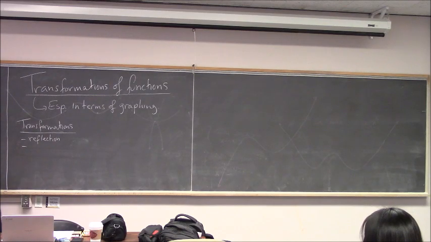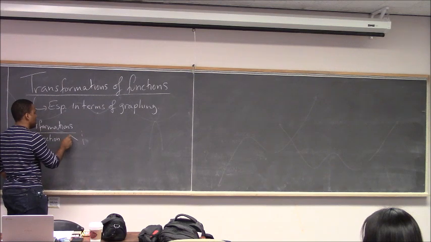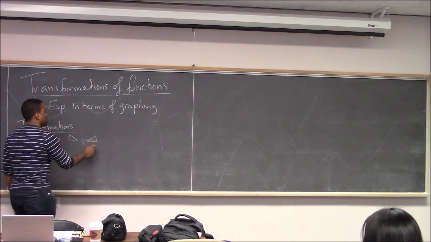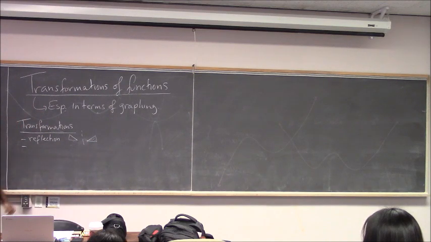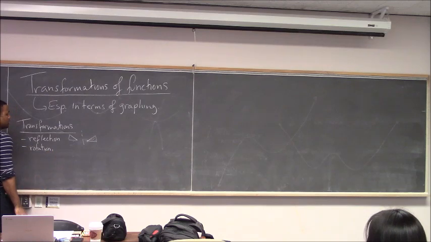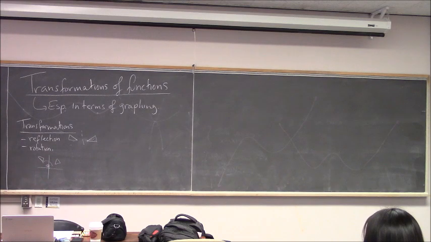That means you're reflecting some mirror image, so you can have, I don't know, a triangle. You reflect it over here, and you obtain this other triangle. You can have a rotation. So here's an object here, and you rotate it by some angle theta and you end up with the object here.